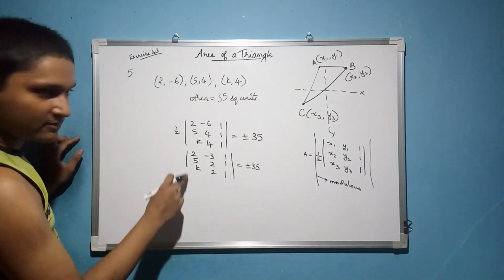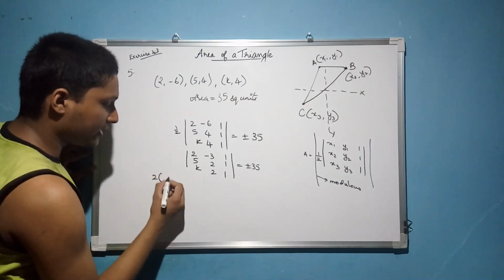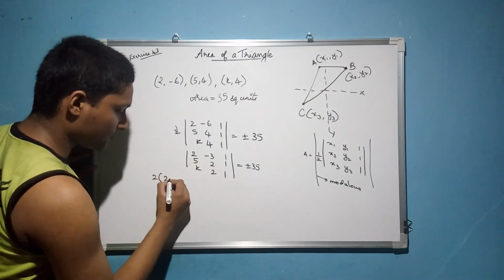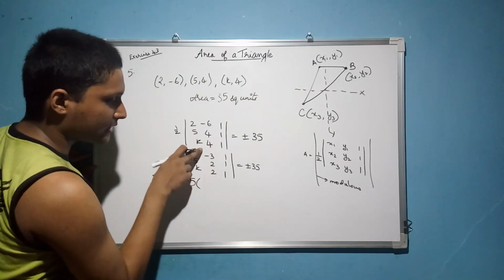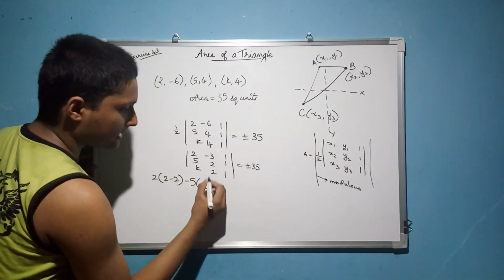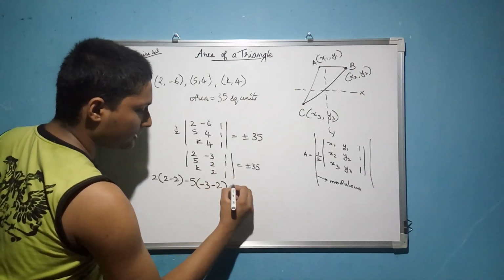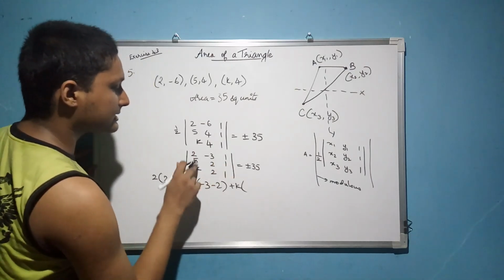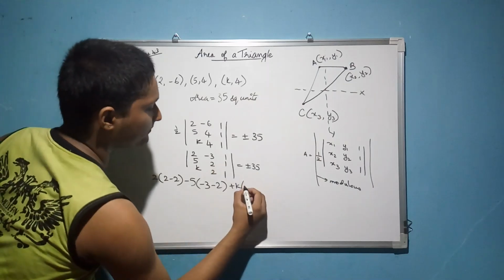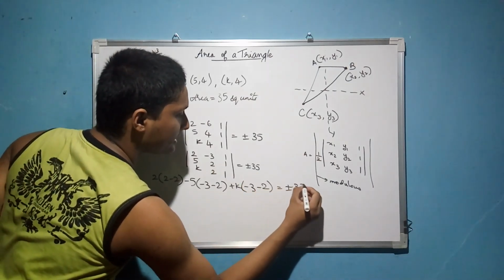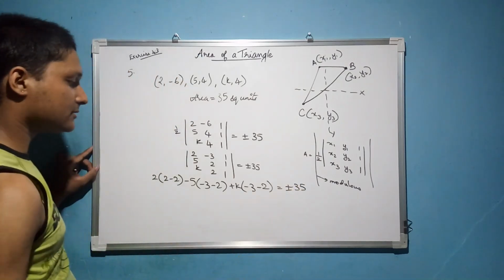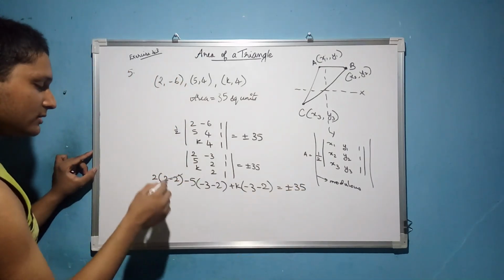So I can expand with one of these things. Maybe I'll expand with the first column. So it's going to be 2 into 2 minus 2, then minus 5 into minus 3 minus 2, plus k into minus 3 minus 2, is equal to plus or minus 35. You are going to get 2 cases.